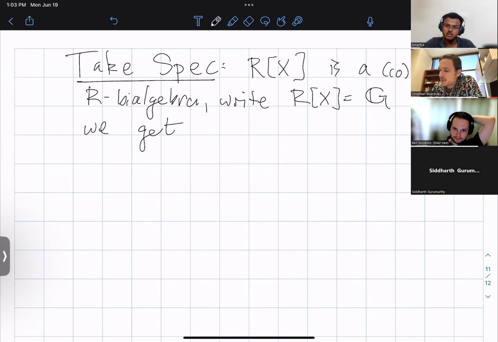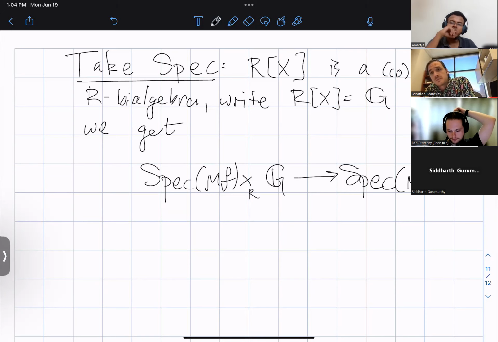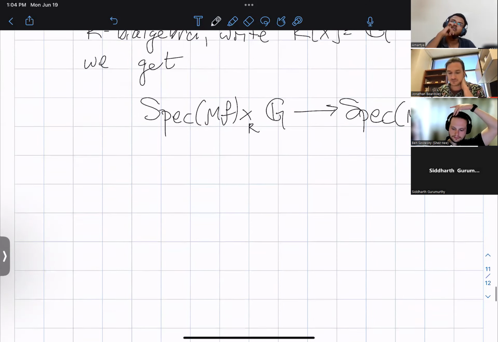And so what do we get? We get spec of MF, and I'll just write cross over R, by which I mean crossed over spec R. So because this was a co-module, this now has a G action on spec of MF.